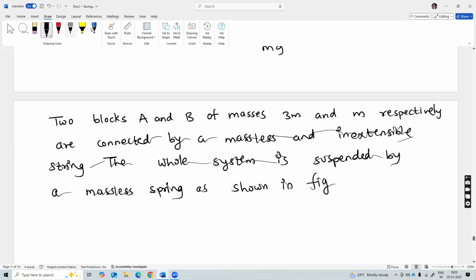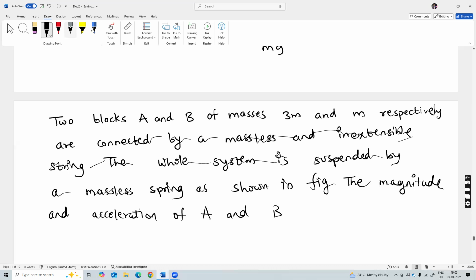The magnitude of acceleration of A and B immediately after the string is cut are respectively.